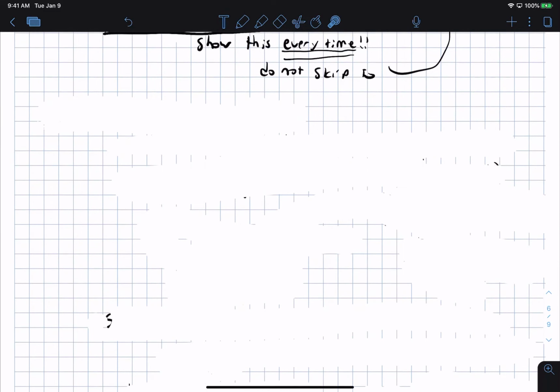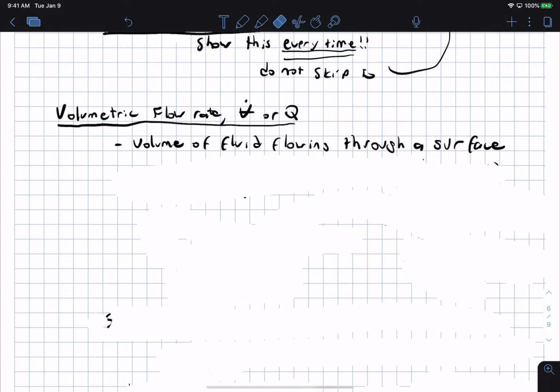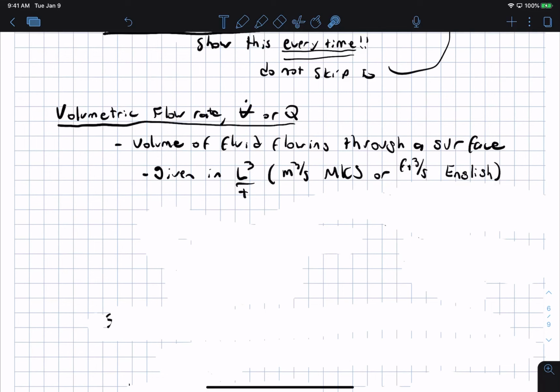Okay, now there's a concept called the volumetric flow rate. I mentioned it a little bit earlier. That is given by V dot or Q. Essentially, the volumetric flow rate is not the mass of the fluid crossing through a surface. It is the volume of fluid flowing through a surface, in terms of volume over time.